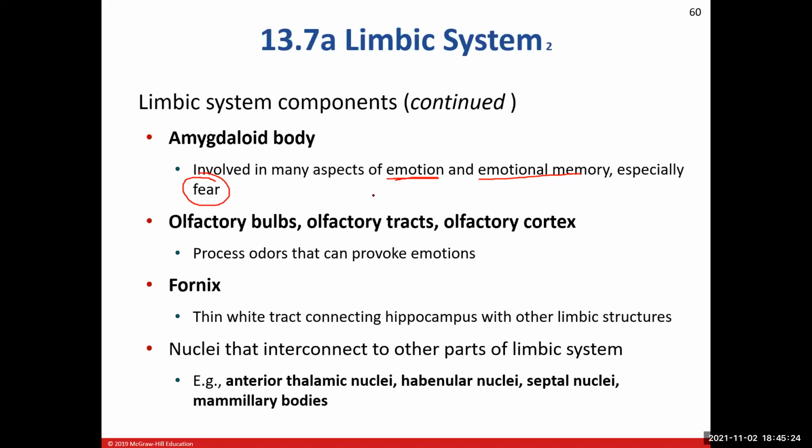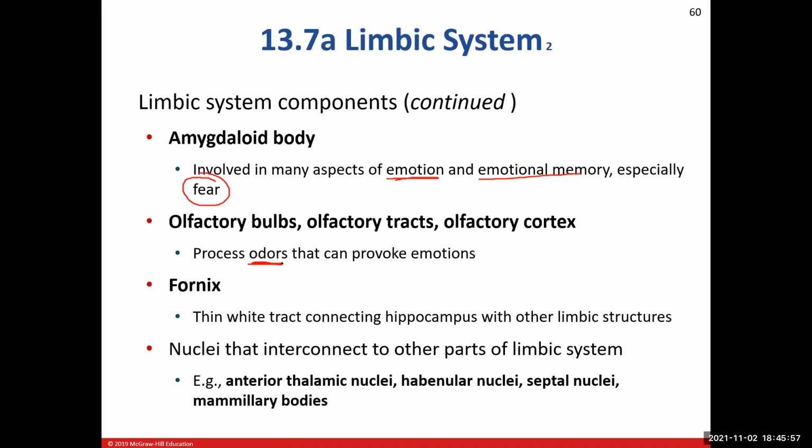Now, the olfactory portion has to do with smell. It is because of these structures and how they tie into the limbic system that when you smell something, and I mentioned this last class when we were talking about the habenular nucleus, that structure that was part of the epithalamus, you get nostalgic and think of somebody because a smell reminded you of grandma's apple pie or whatever, and you start to get emotional.